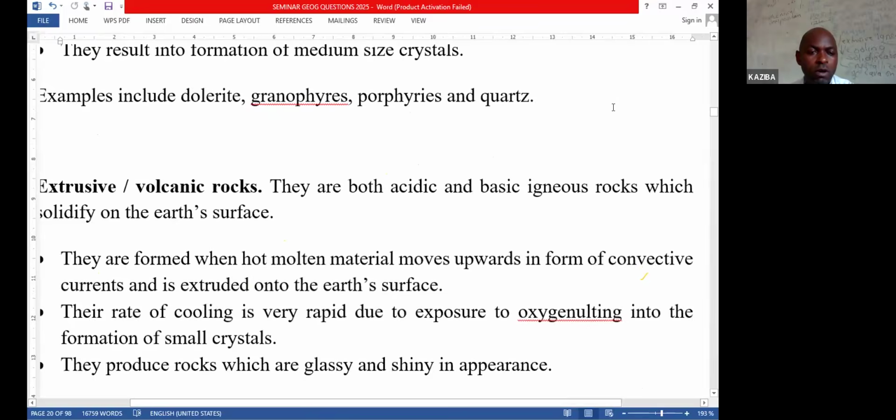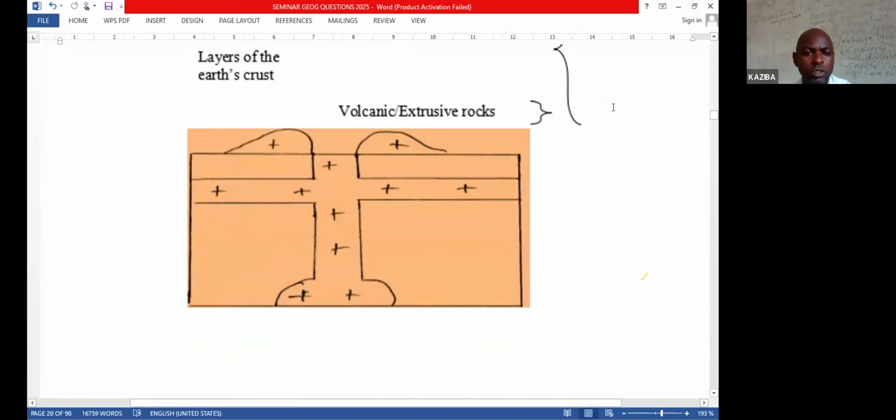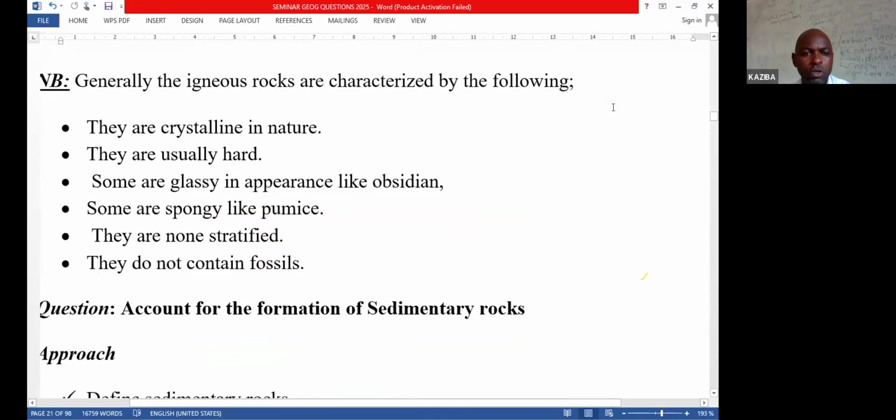The characteristics of these rocks. So you say they are crystalline in nature, meaning they form crystals. They are usually hard, with a glassy appearance. So those are the characteristics of igneous rocks.